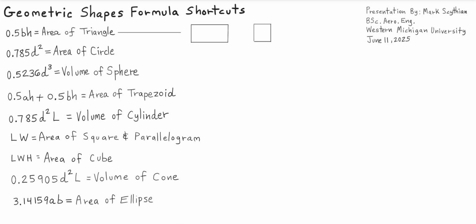So if we were to divide the area of both the rectangle and the square across a hypotenuse and then erase one side, we could clearly see that the area of a triangle is just simply the area of a rectangle or the area of a square divided by 2. So base times height divided by 2, or 0.5 times base times height.